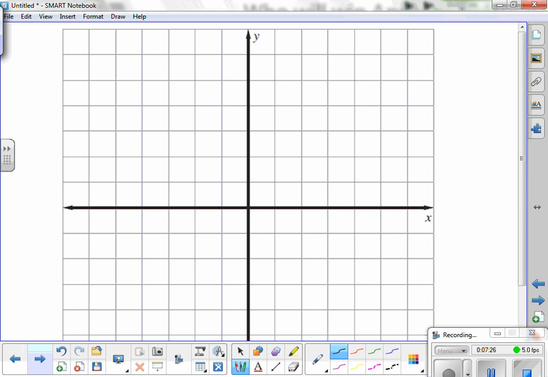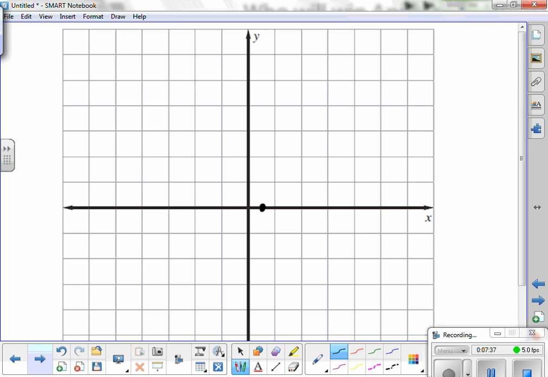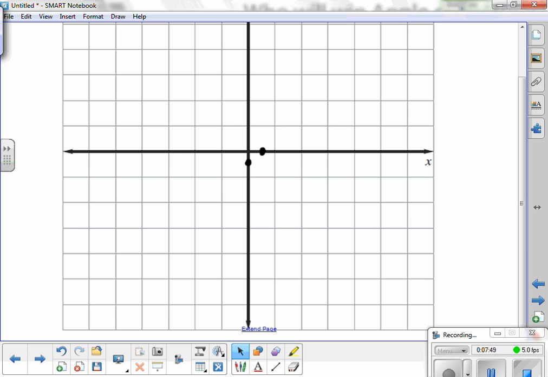So x-intercept is at 1/2, which is about right here. Y-intercept is at negative 1/3. So negative 1/3 is about approximately right about there. All right. And now you just connect those with a nice neat line.